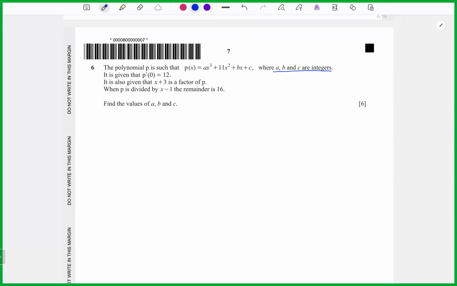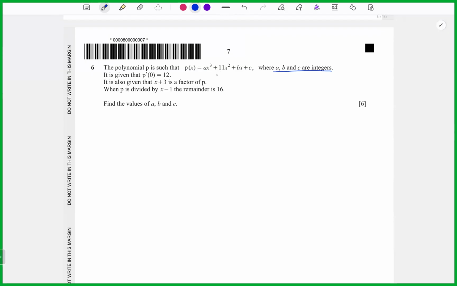Also given p prime of 0 equals 12, which is the first derivative. It's also given that x plus 3 is a factor of p. When p is divided by x minus 1, the remainder is 16. Find the values of a, b and c.